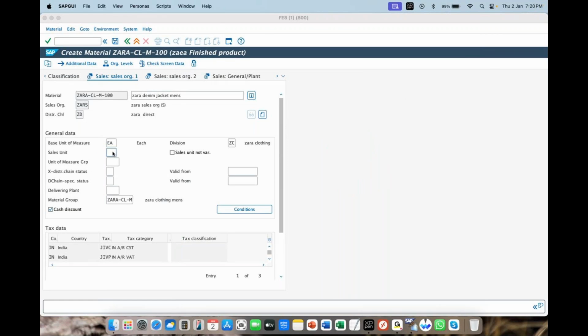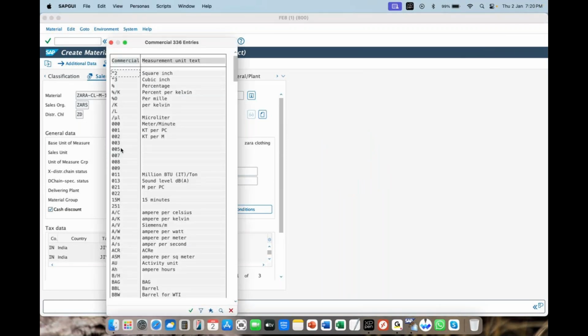Now sales unit. Remember, always the base unit of measurement and the sales unit of measurement cannot be the same. Remember this point. There is a logic behind it. The manufacturing mode and the sales mode will be different.